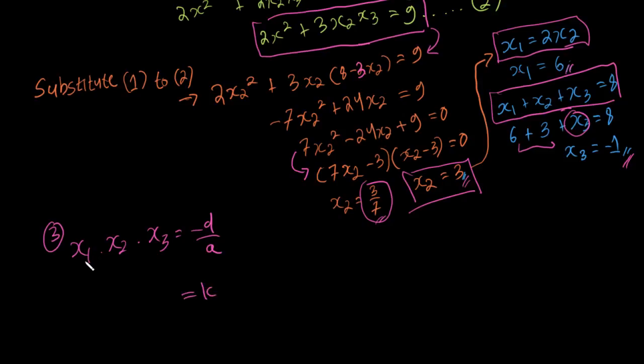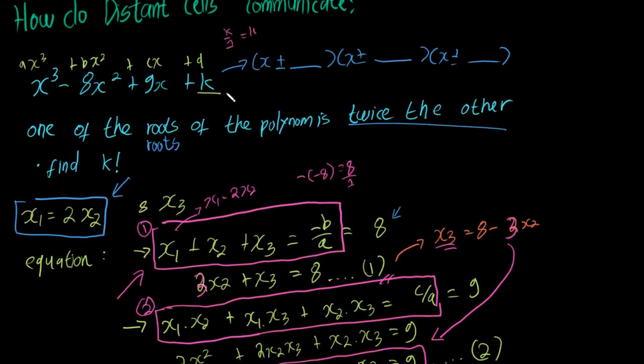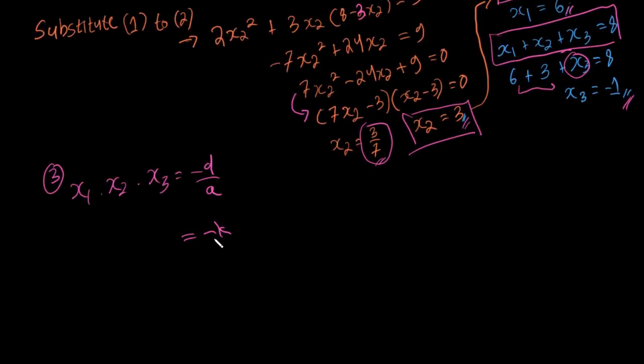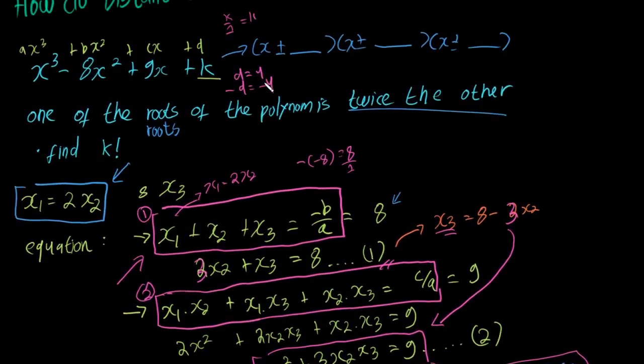And x1 is 6 times x2 is 3 times x3 is minus 1, and then you get, oh wait a minute, it's actually minus k, sorry, I made a mistake here. It's minus k because d is k, right? The equation wants minus d, so it's minus k, not minus 4.